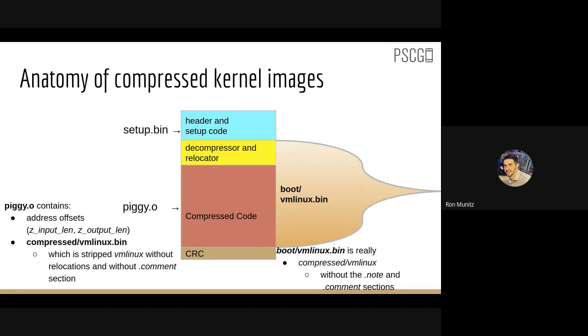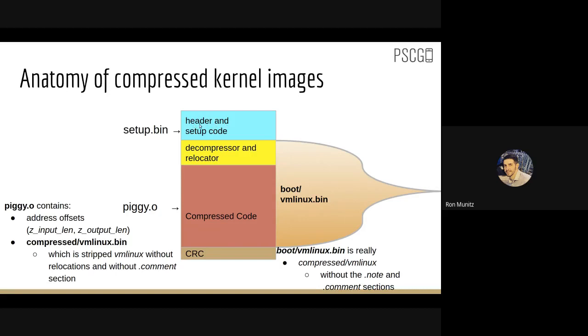Or if you don't have a bootloader and just want something like on a boot sector, like on a bootable disk, something that the BIOS can jump to. I'm not talking about EFI now, because EFI has a different structure, but this is also the case for EFI, though the code is a little bit different. It's in the same place. You need to have some header and setup code to take care of that. So this is something that has nothing to do with the vmlinux.